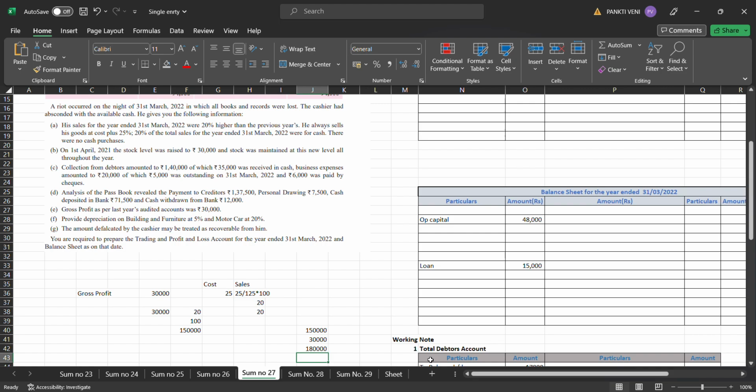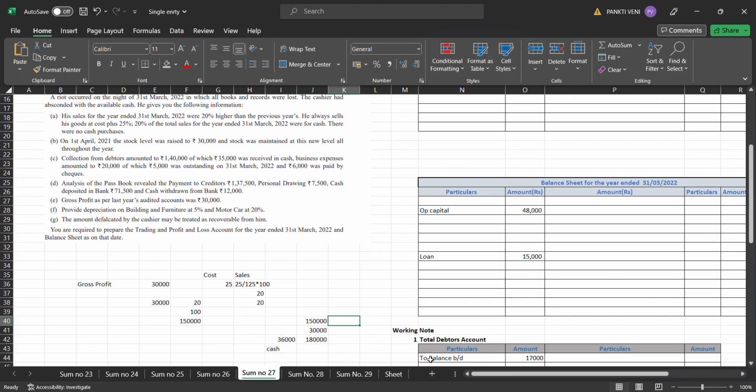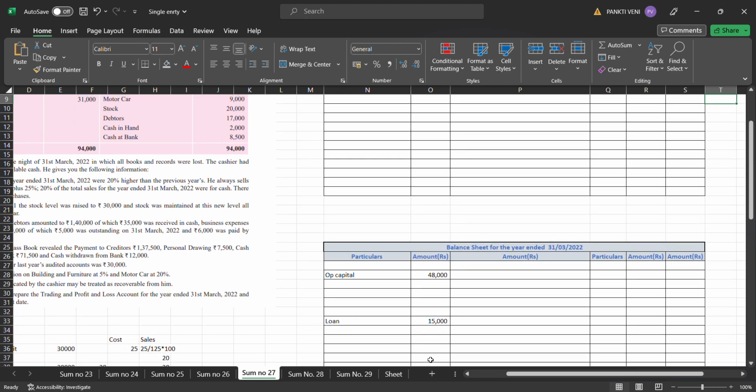After getting 1,80,000, what am I supposed to do? 1,80,000 is my sales. This much is done. 25% done, 20% also done. 20% of the total sales were for cash. So out of 1,80,000, 20% is cash sales. So balance is credit sales.